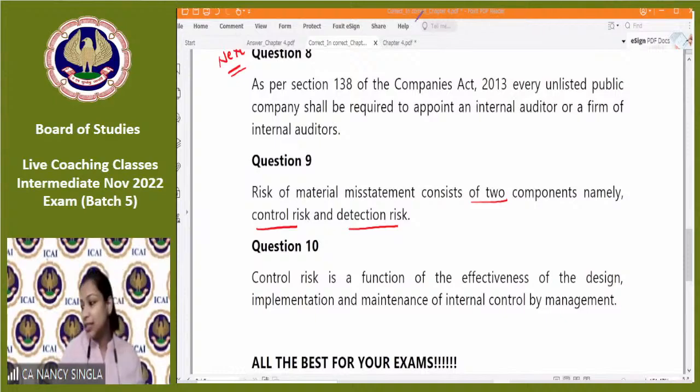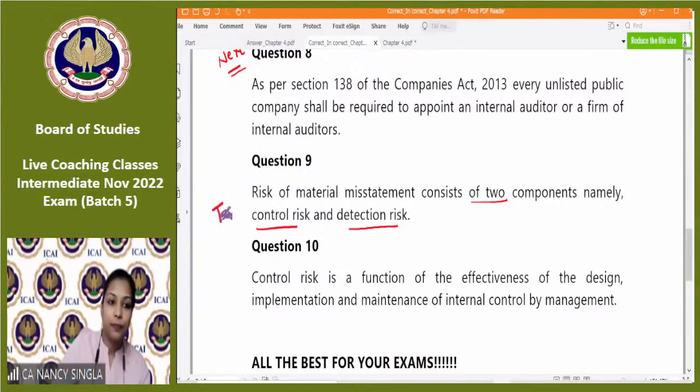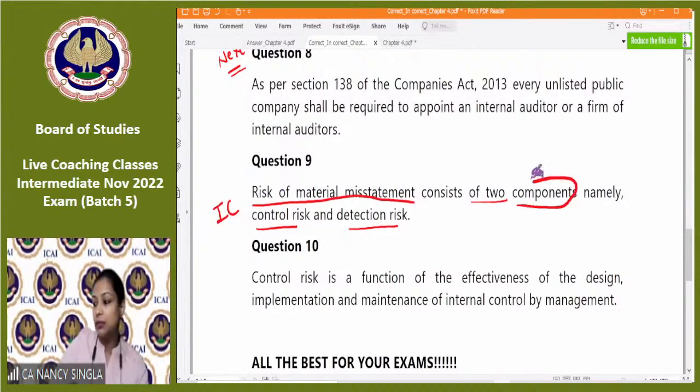So the answer is incorrect. So two components are there. So don't get confused. Don't read half and write true. It is incorrect. Don't read only till here and write true. Okay? Why? Because this should have been what? Inherent risk. So how to write the reasoning? Now you all know.